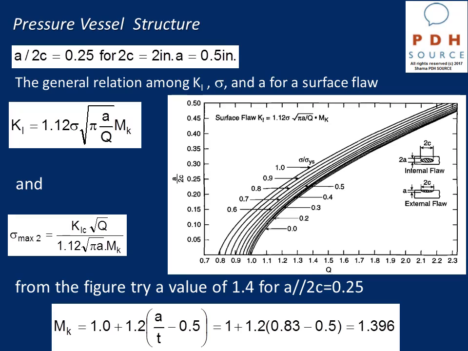Now, for the pressure vessel structure, we have a over 2c equal to 0.25. For 2c equal to 2 inches, a equals 0.5 inch.